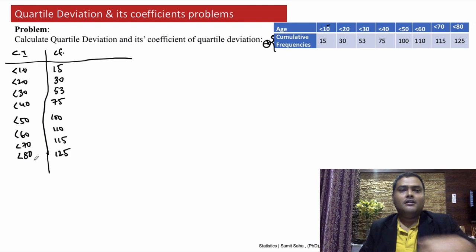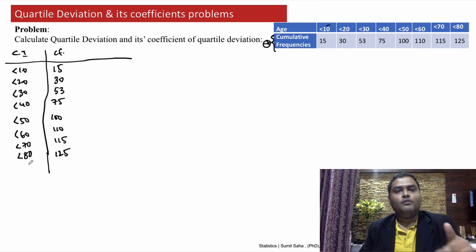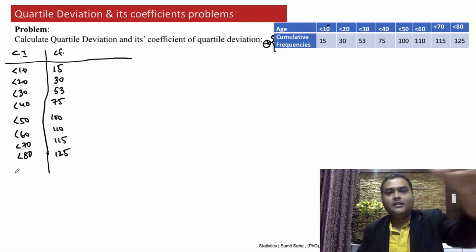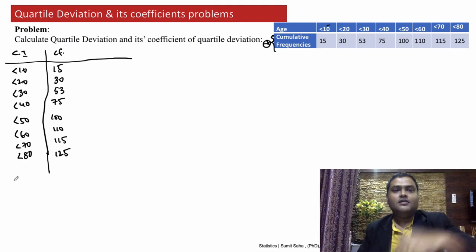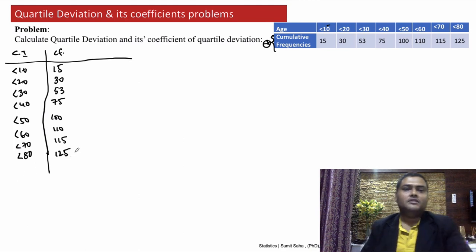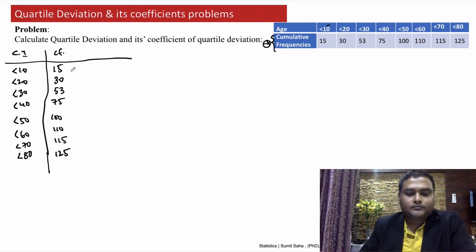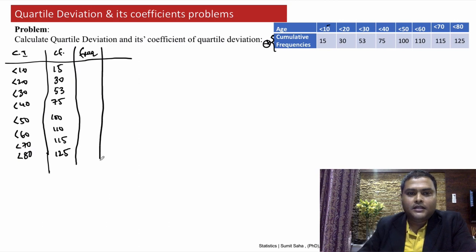Very simple, right? So till now, to find the cumulative frequency, we added the previous cumulative frequency with the frequency, and only then did we get the next cumulative frequency. In this case we will do the reverse. But before that, let me first write the continuous class intervals.